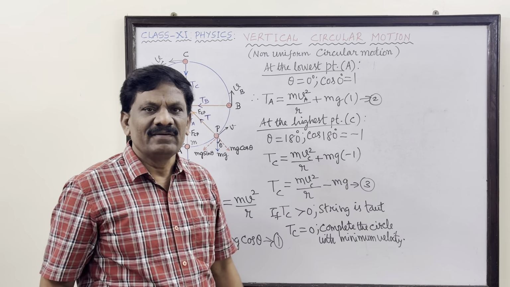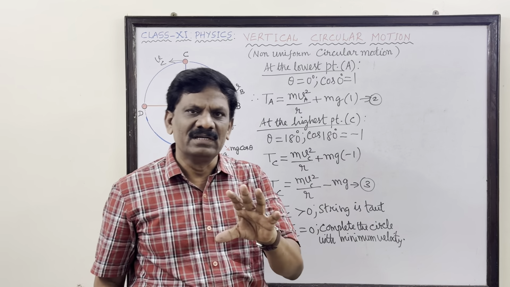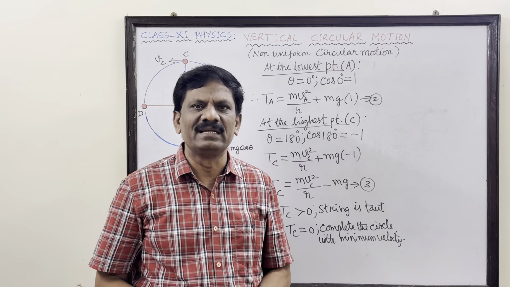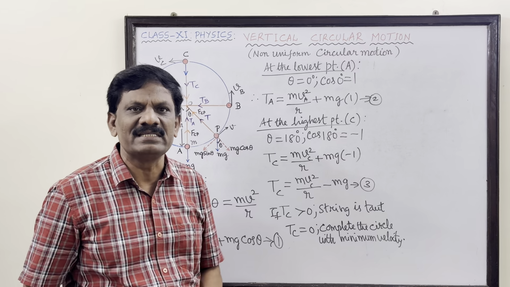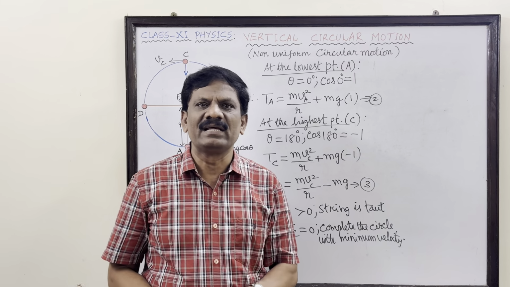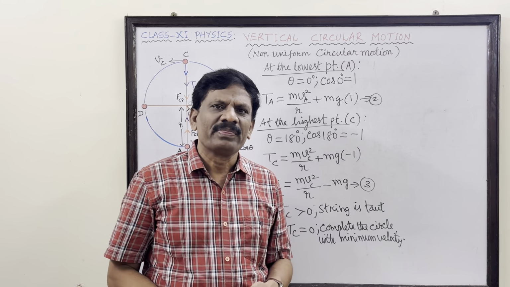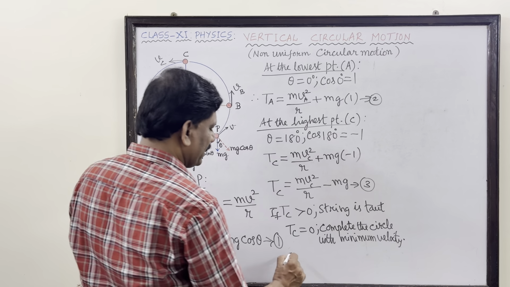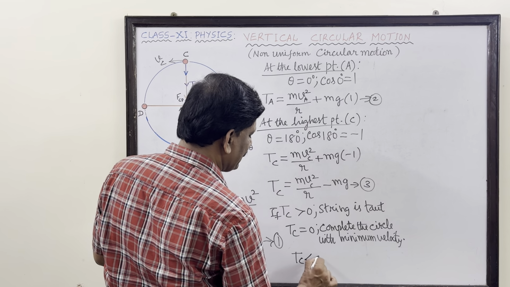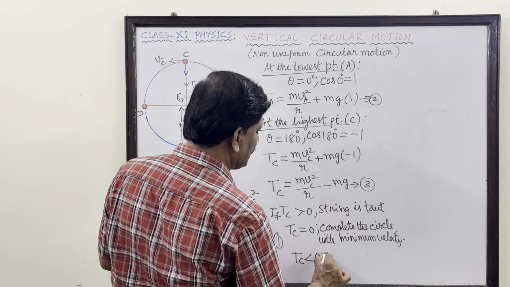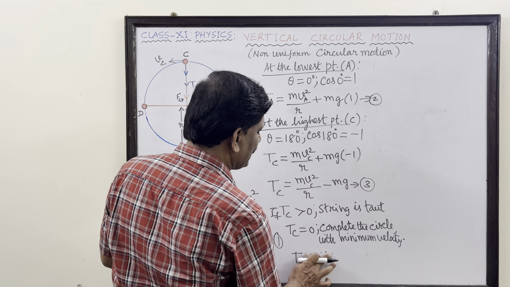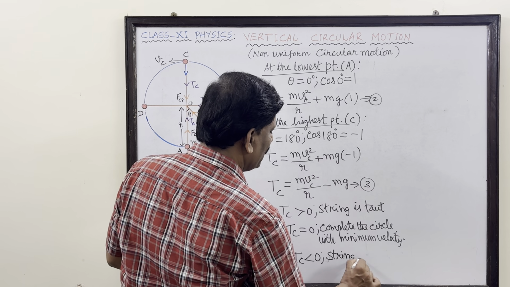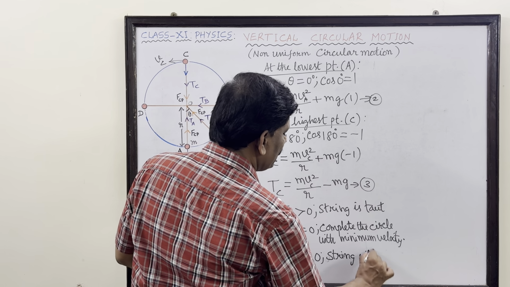A critical velocity. The velocity will be minimum, just like the pass mark in every subject. Less than that is fail mark, is it not? Like that, less than this minimum velocity, less than this critical velocity, it will not be possible to complete the vertical circle. So the third condition is TC less than 0, which means the string will be slack.